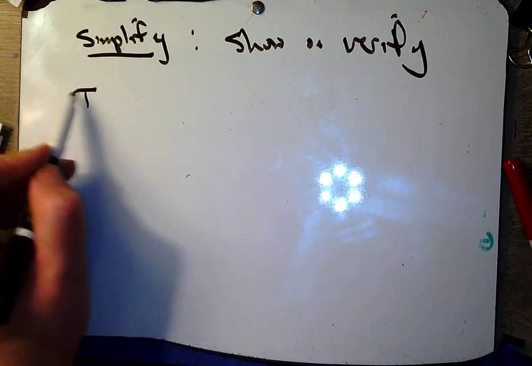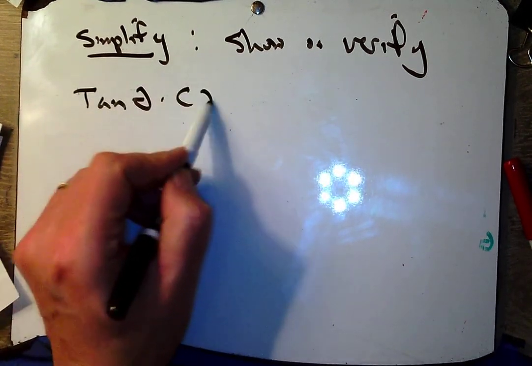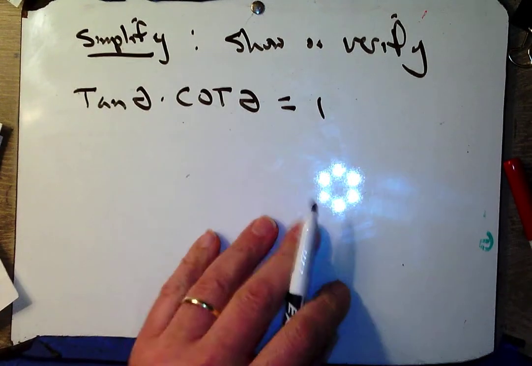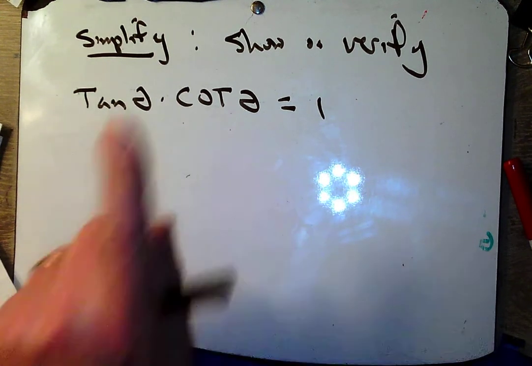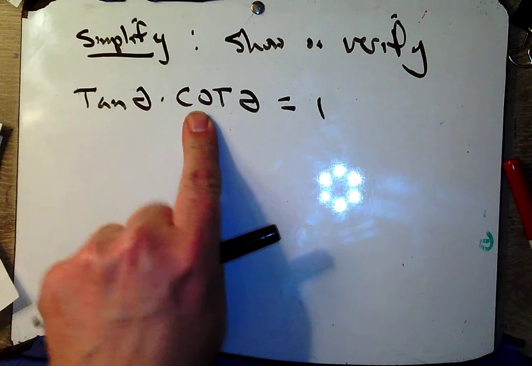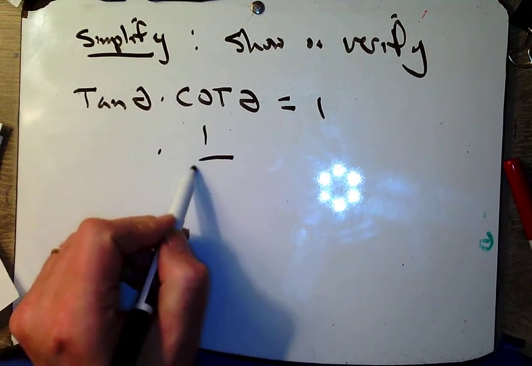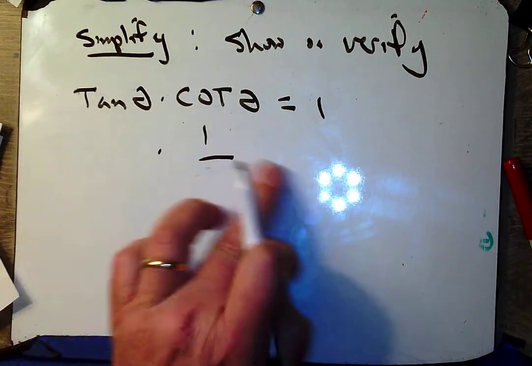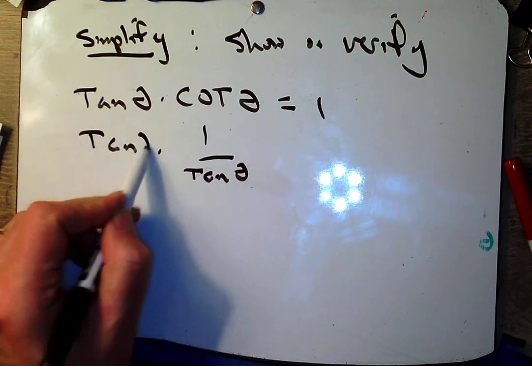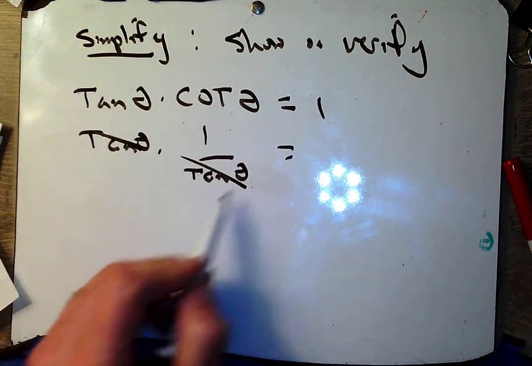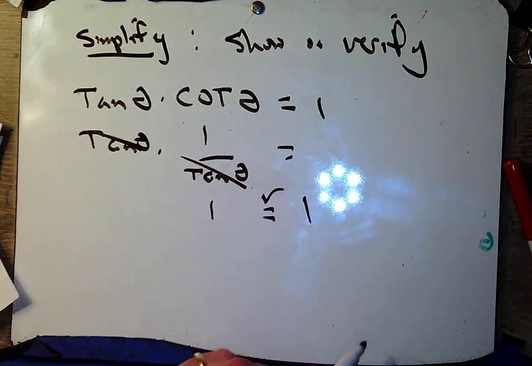And so I'm told here that tangent theta times cotangent theta equals 1. And because I know my reciprocal identities, I could get rid of this and say that's, well, I know my reciprocal identities, and cotangent is 1 over tangent. Oh, look. And I really do get the one that I'm supposed to, okay?